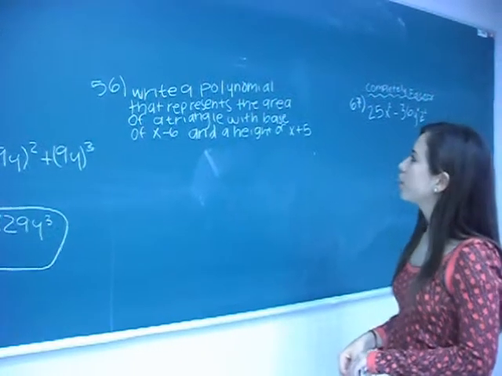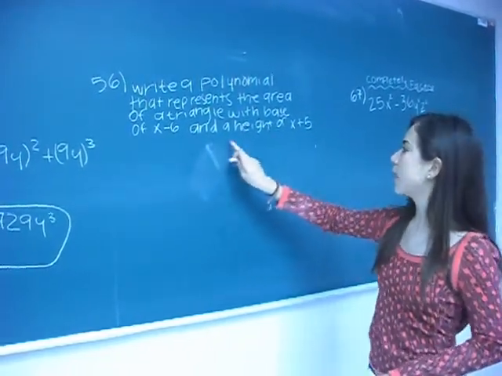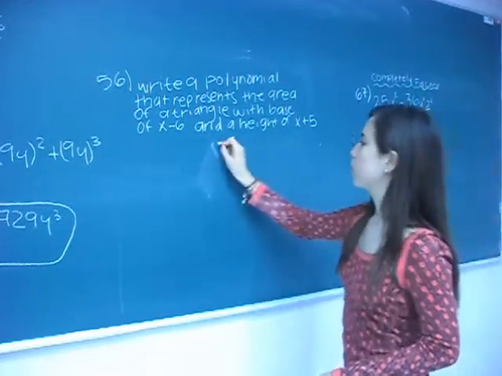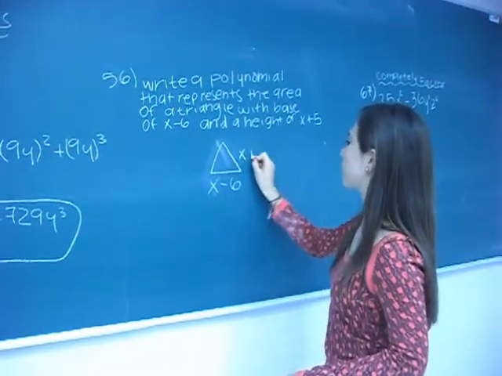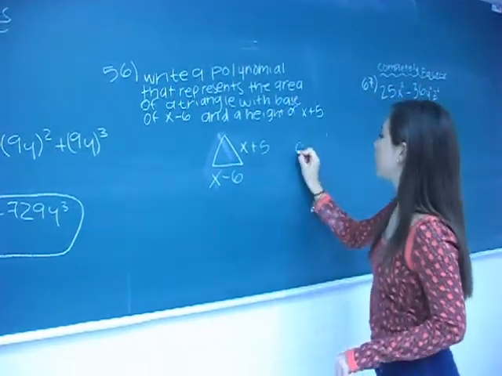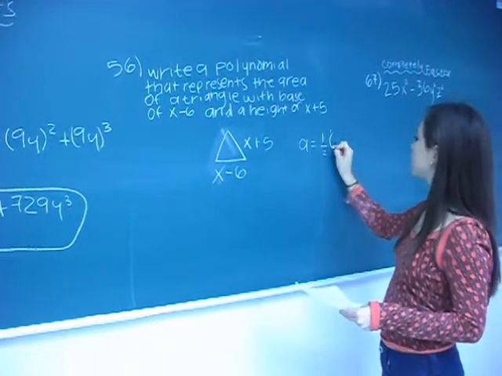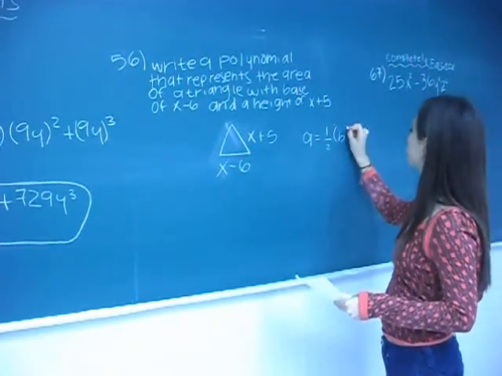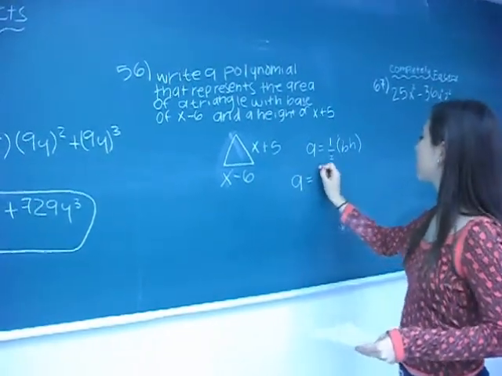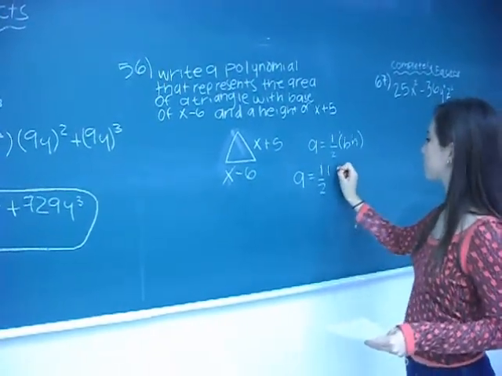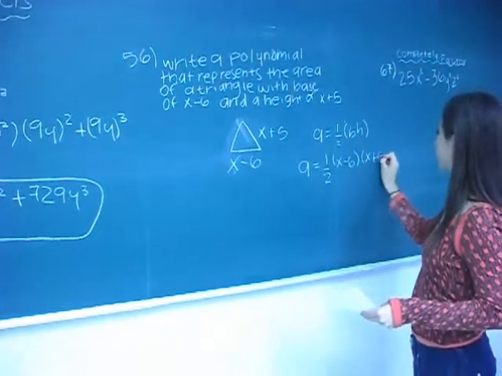A polynomial that represents the area of a triangle with a base of x minus 6 and a height of x plus 5. And you draw your triangle and you put x minus 6 and the height x plus 5. The area of a triangle is 1/2 times base times height. A equals 1/2 times x minus 6 times x plus 5.